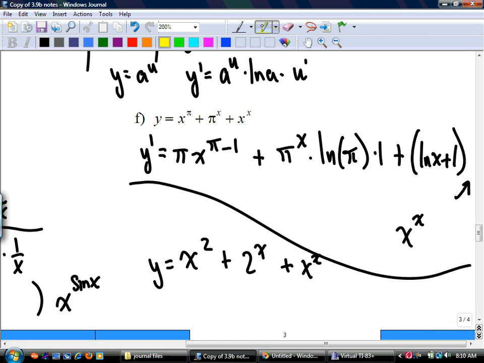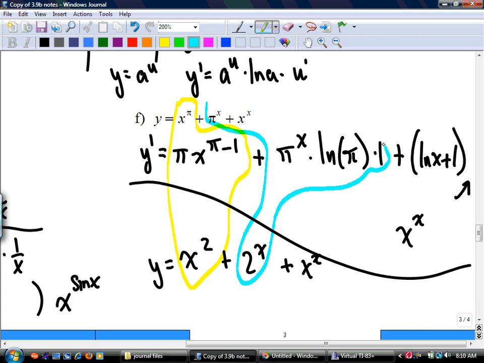You need to see, the reason we did this example is you need to see these are not the same thing. That's really why I did that example.